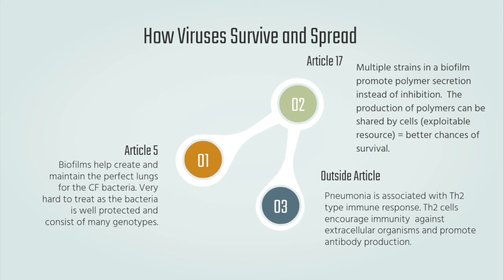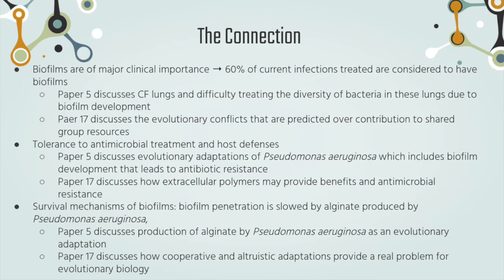Article 17 explains how multiple strains within a biofilm help promote polymer secretion instead of inhibition, which helps increase the chances of survival for the cells. The outside article describes how the association between pneumonia and the Th2 type immune response helps encourage immunity against extracellular organisms and promotes antibody production. Let's go over the connection more specifically.